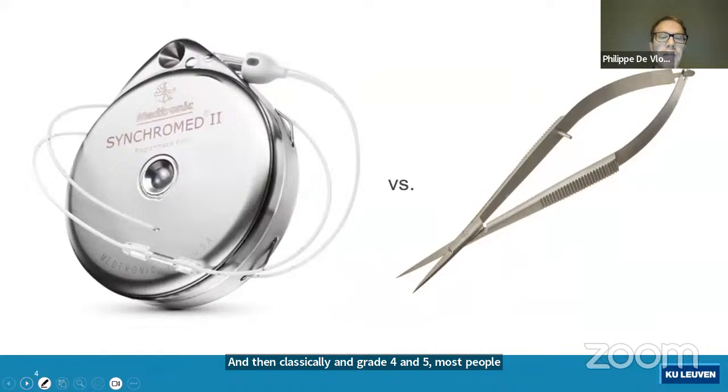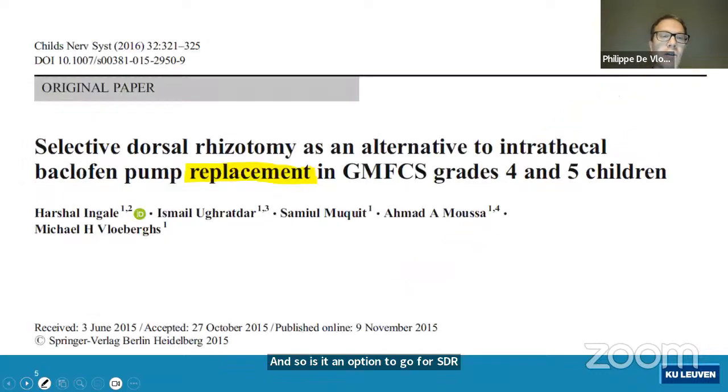However, this is an ongoing debate, and there have been some interesting publications over the last few years. Is it an option to go for SDR instead of ITB in these non-ambulatory patients? One of the most important people in that field was Michael Vloebers, a neurosurgeon from Nottingham in the UK.